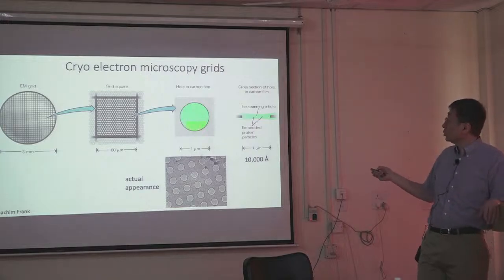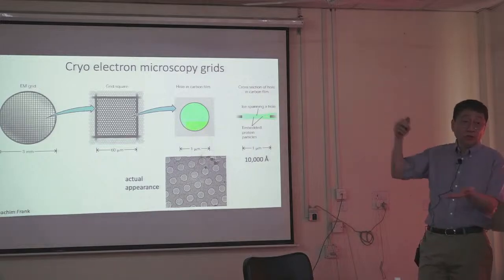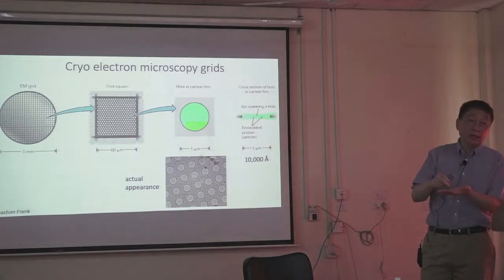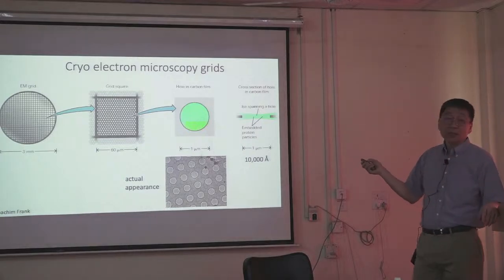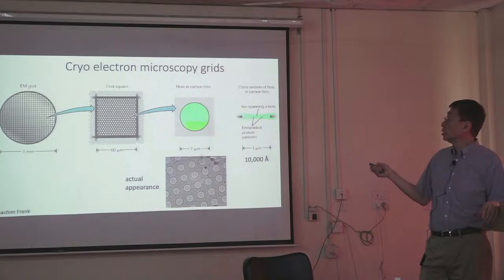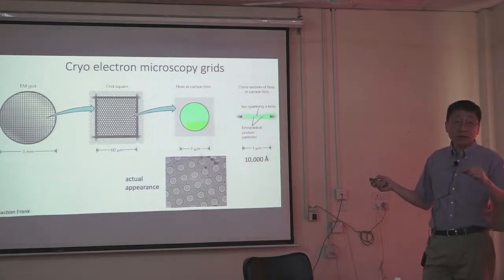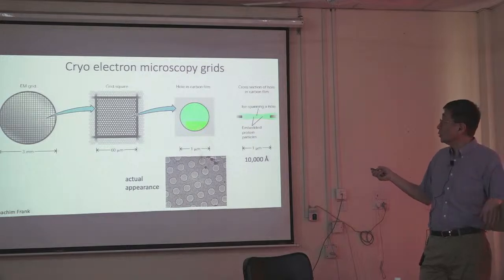So you can have molecules suspended in this area, and then you freeze them down. Just like cryocrystallography, you freeze them to liquid nitrogen temperature, so it's a vitrified ice. Not crystalline ice, vitrified, so it's glass. And that's the sample you image in the microscope.